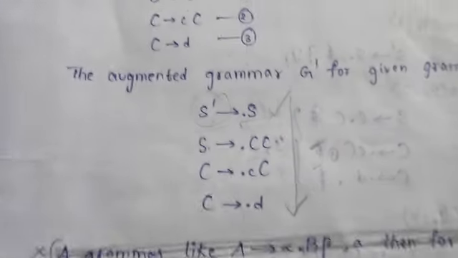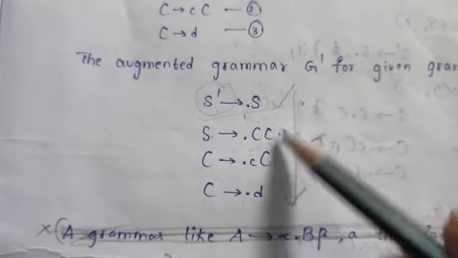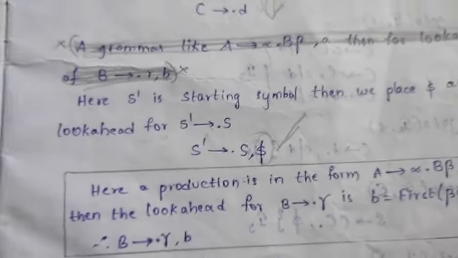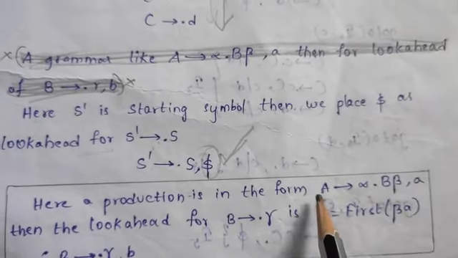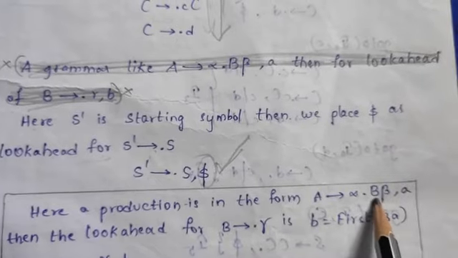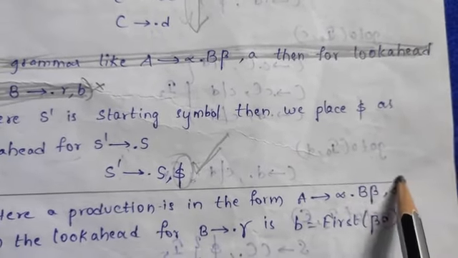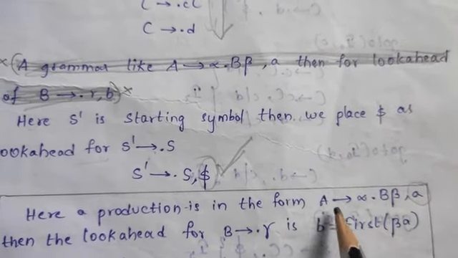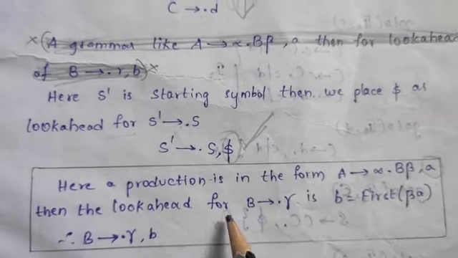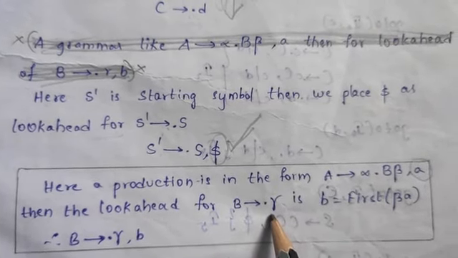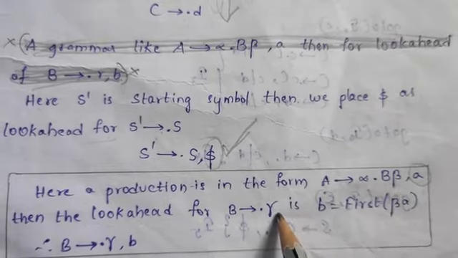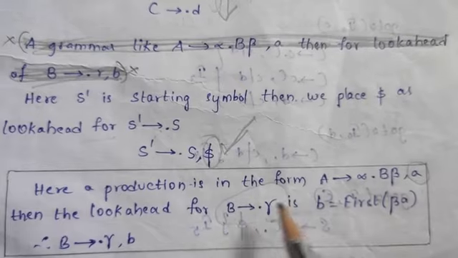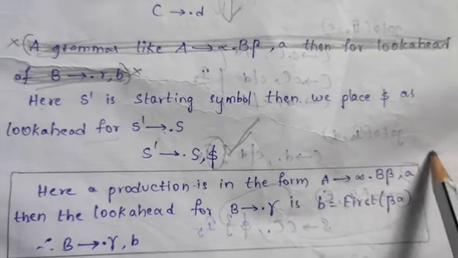Then for finding the look ahead of the remaining 3 productions, we have a formula. If a production is like A tends to alpha dot B beta comma a, here a is the look ahead of the given production. Then for a production B tends to gamma, the look ahead can be found with the help of this production.